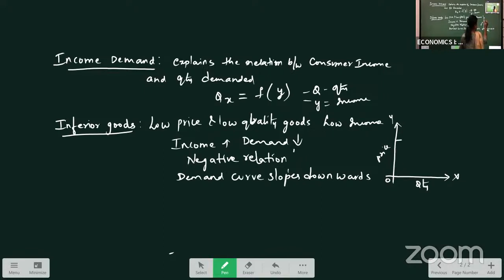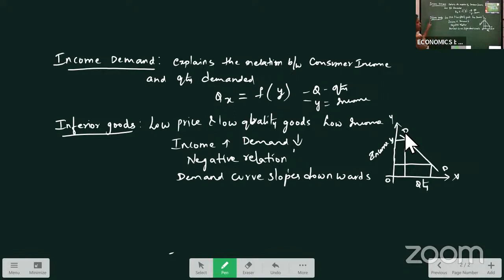Sorry, here we have to take income, not price. When income is high, at income OY, we demand less quantity of inferior good. When income is low, we demand more quantity. So our demand curve will be sloping downwards. This is in the case of inferior goods.